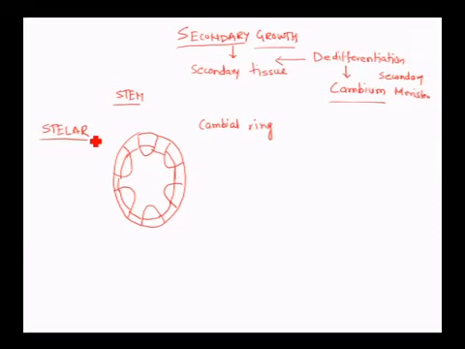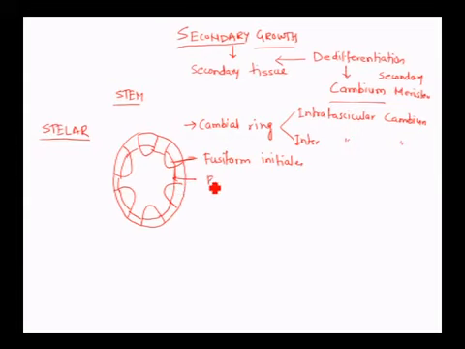So, in stellar secondary growth, first is formation of cambial ring by fusion of already available intrafascicular cambium and later developed interfascicular cambium. Now, in cambial ring, these cells are fusiform initials and these cells become ray initials.